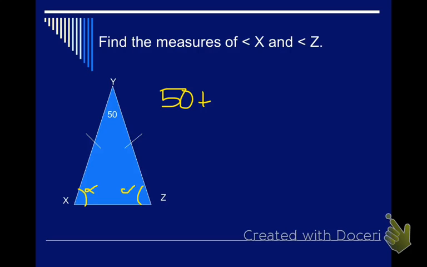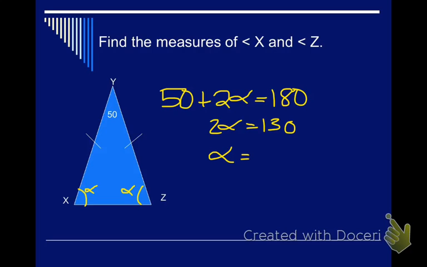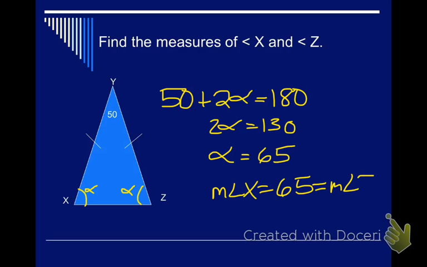Both of those angles are alpha, so we've got two alphas plus the 50 degrees needs to get us to our 180 degrees for a triangle. So 2 alpha is 130 and alpha is 65, and that's the measurement of each of the angles. The measurement of angle X is 65, and that's also the measurement of angle Z. There it is.